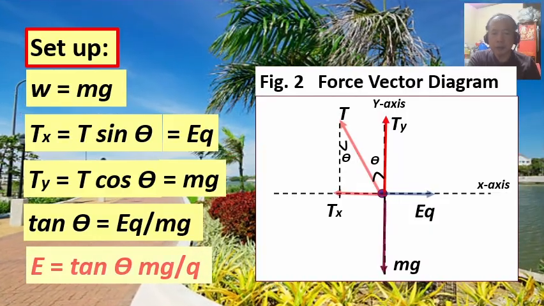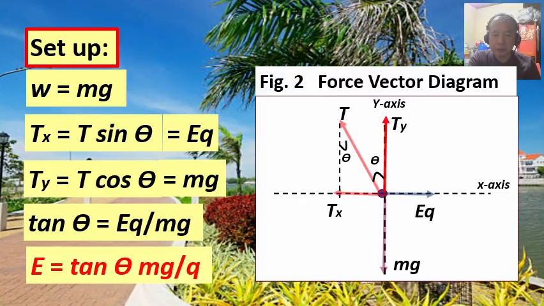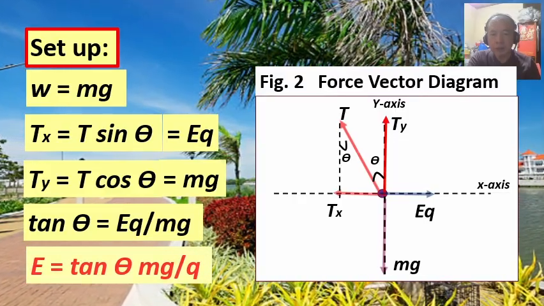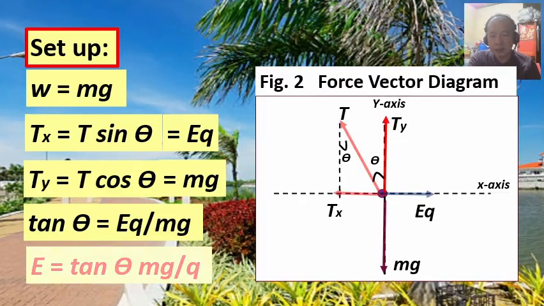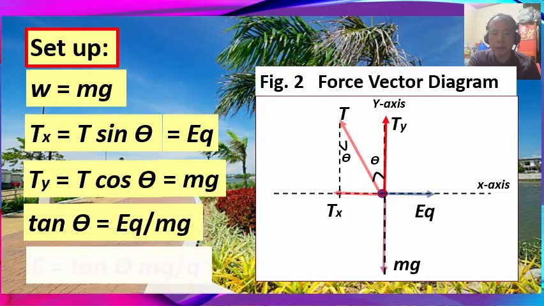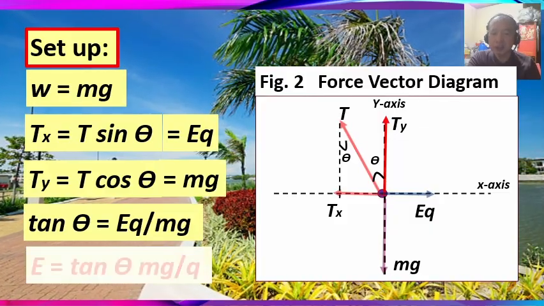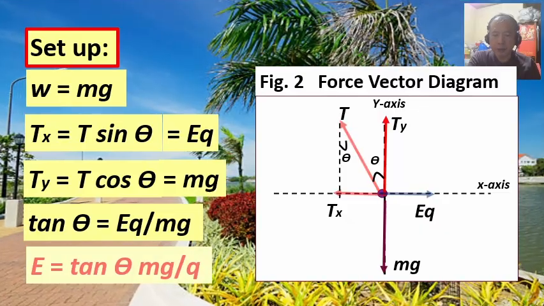The electric field between the two charged plates, capital E, is just equal to the product of tangent of the angle theta and the weight of the sphere, mg, divided by the charge q, the charge of the sphere.